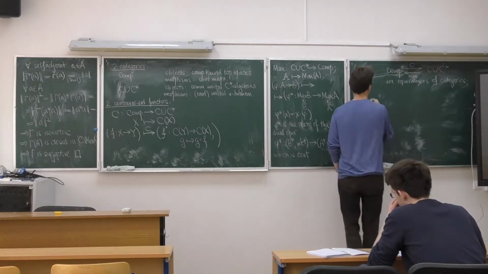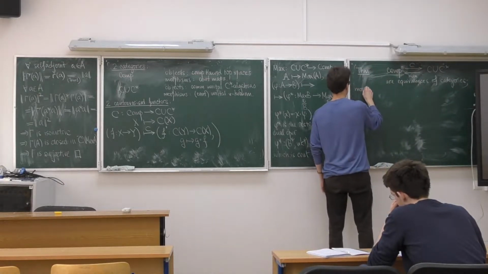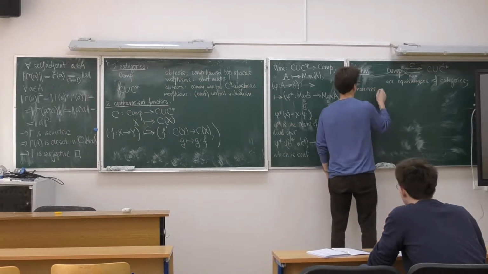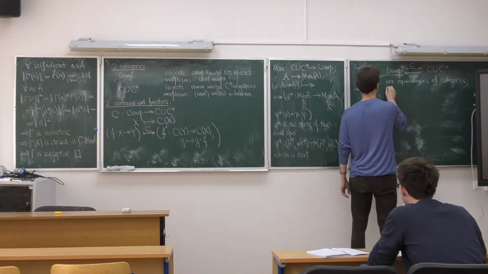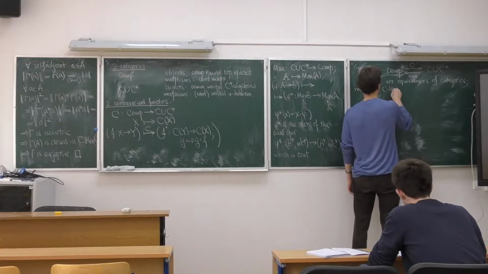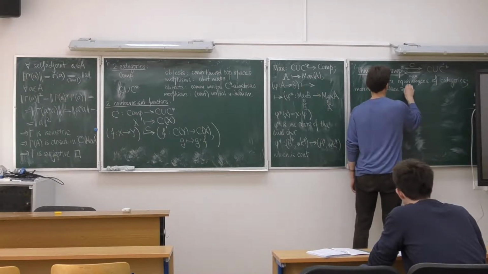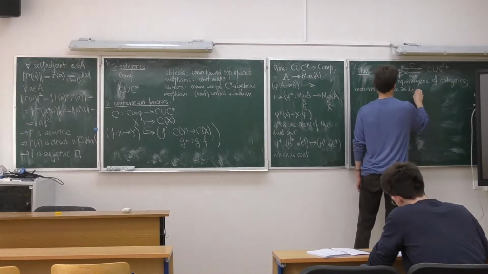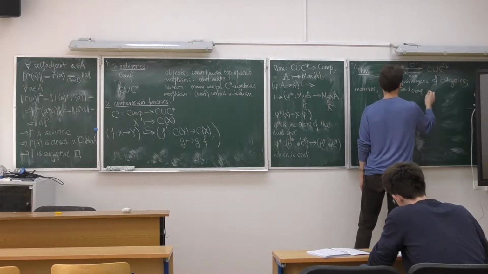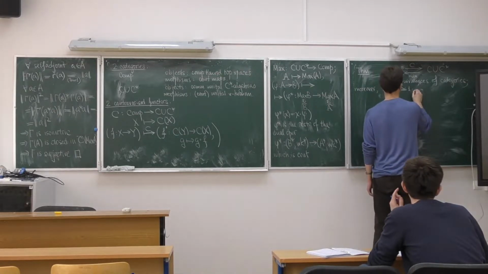And moreover, they are quasi-inverse to each other in the sense that if we compose C and max, this functor is isomorphic to the identity functor on the category of commutative unital C-star algebras.